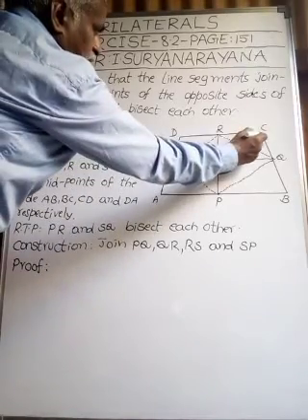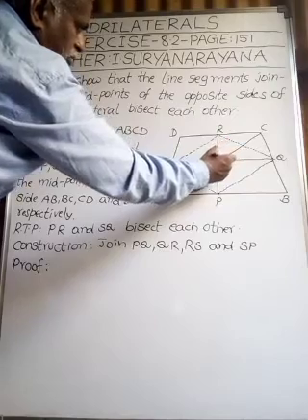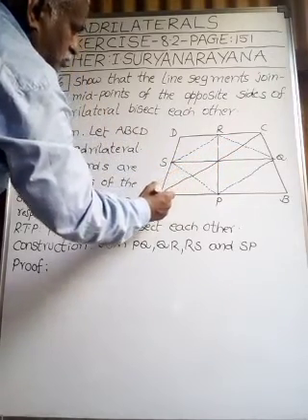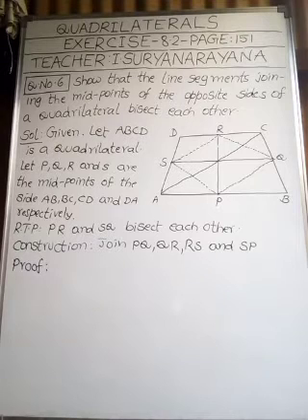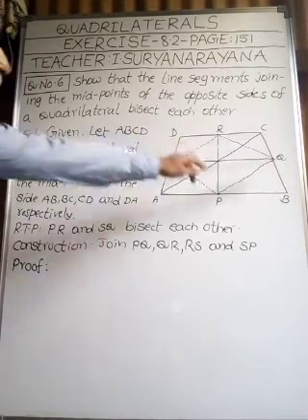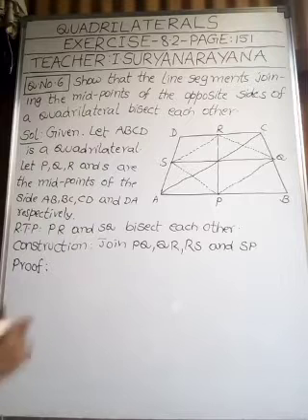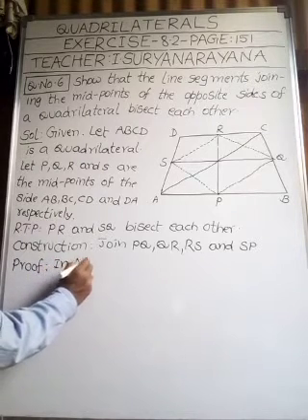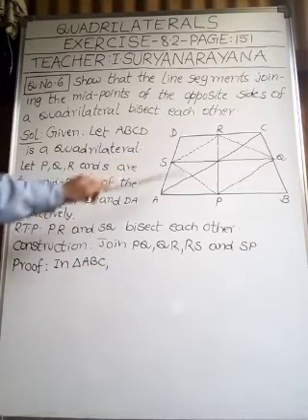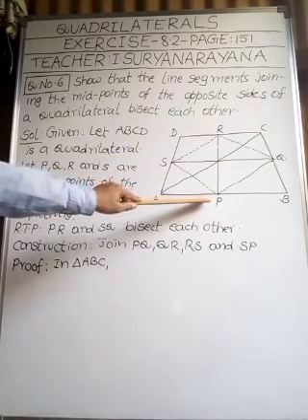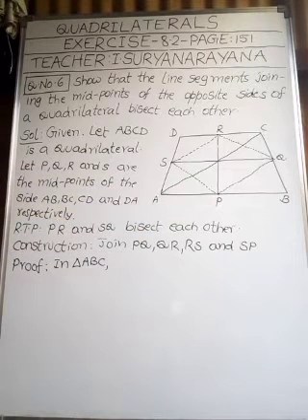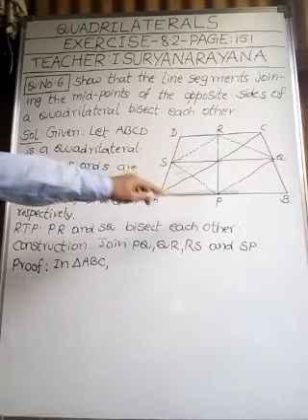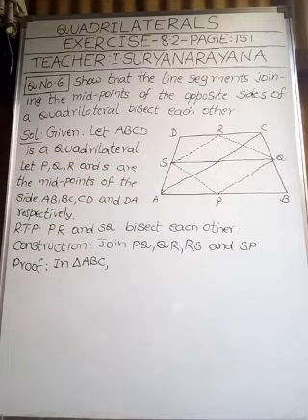Now let us take the diagonal AC. In triangle ABC, P is a midpoint, isn't it? You can take triangle ADC or ABC, any.